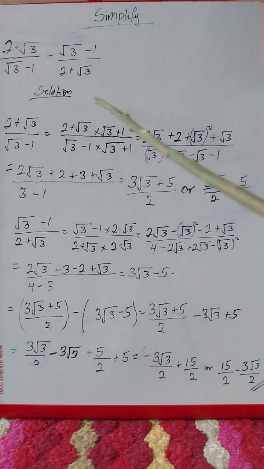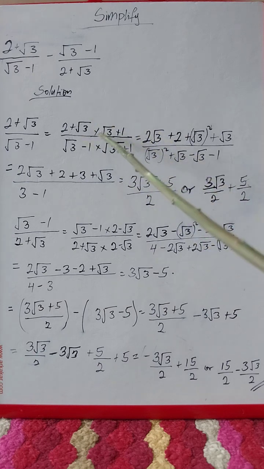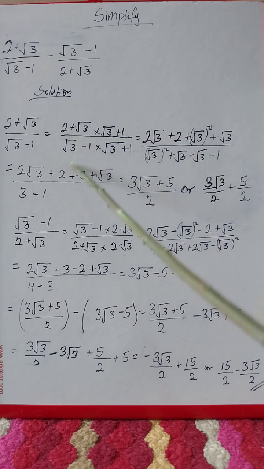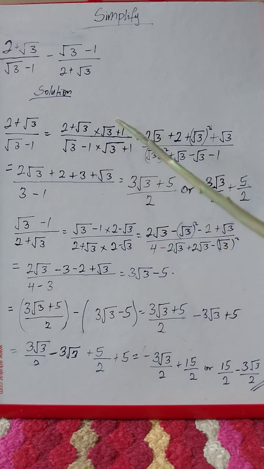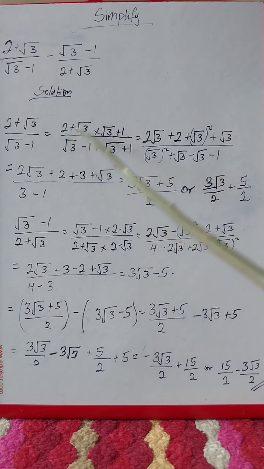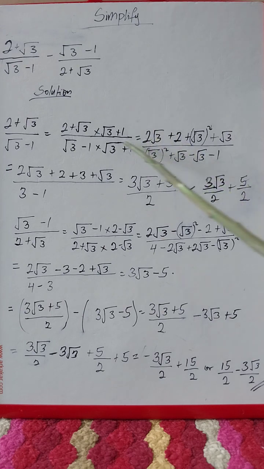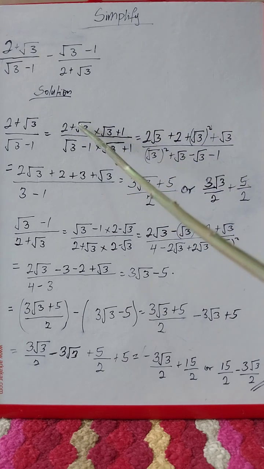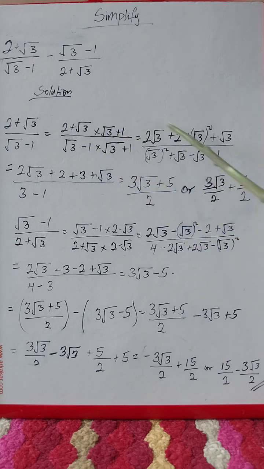2 plus root 3 multiplied by the conjugate, root 3 plus 1, all over root 3 minus 1 times root 3 plus 1. Numerator: 2 times root 3 gives 2 root 3, 2 times 1 gives 2, root 3 times root 3 gives root 3 squared, root 3 times 1 gives root 3.